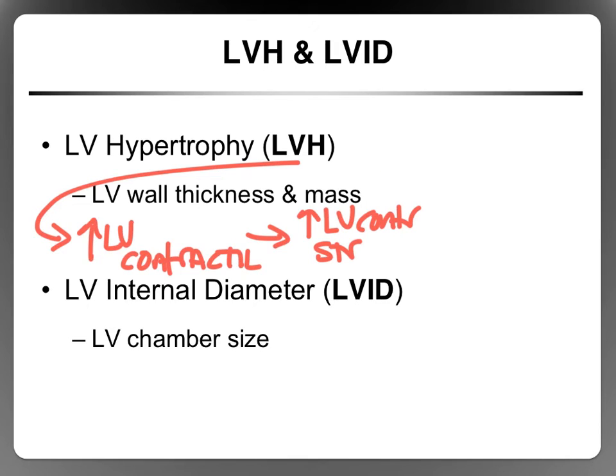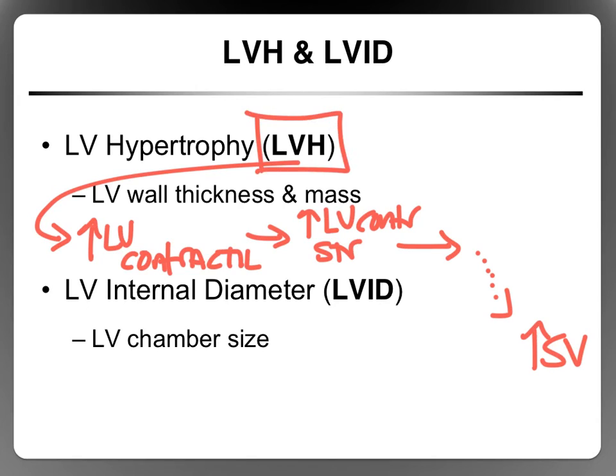So assuming there was no change in preload or afterload, if contraction strength went up, it was because of contractility. And you know the rest of the story. With greater left ventricular contraction strength, we get greater left ventricular pressure, which is P1, greater pressure gradient between the left ventricle and the aorta, P1 minus P2, and greater stroke volume.